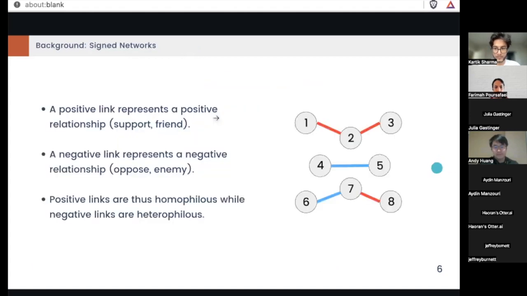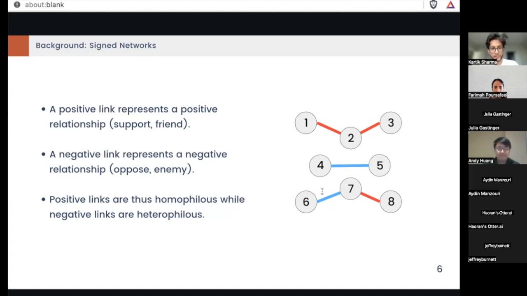First, let's get some background on sign networks. Sign networks, as the name suggests, have positive and negative links. A positive link represents a support or friend kind of relationship, and a negative link represents an opposing, enmity relationship.